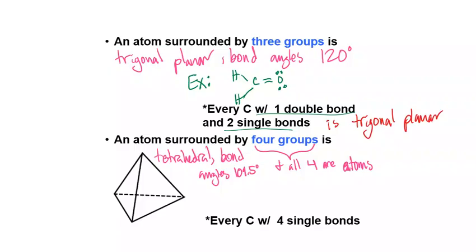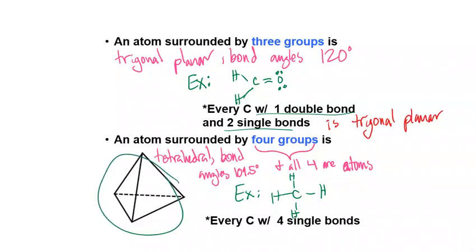When we look at, for example, CH4, if we just looked at it on paper, it looks like it's flat, right? But really, it's just because we're limited to drawing it on paper that it tricks us. Really, this molecule, which is called methane, CH4, is tetrahedral.